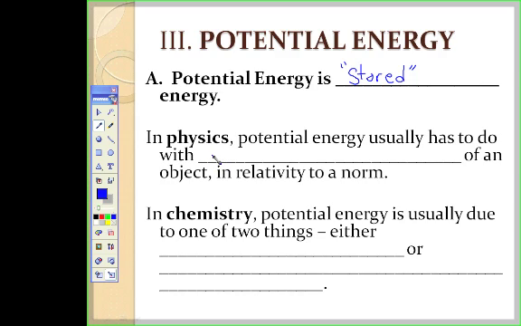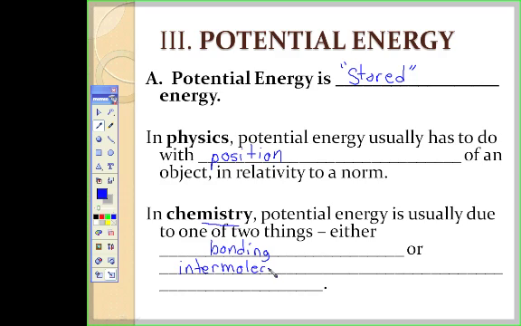Now, in physics, it has to do primarily with the position of the object relative to some norm. And when that object is released, the potential energy is converted to kinetic energy. In chemistry, potential energy is due to the potential for bonding forces or of attraction, or intermolecular forces.